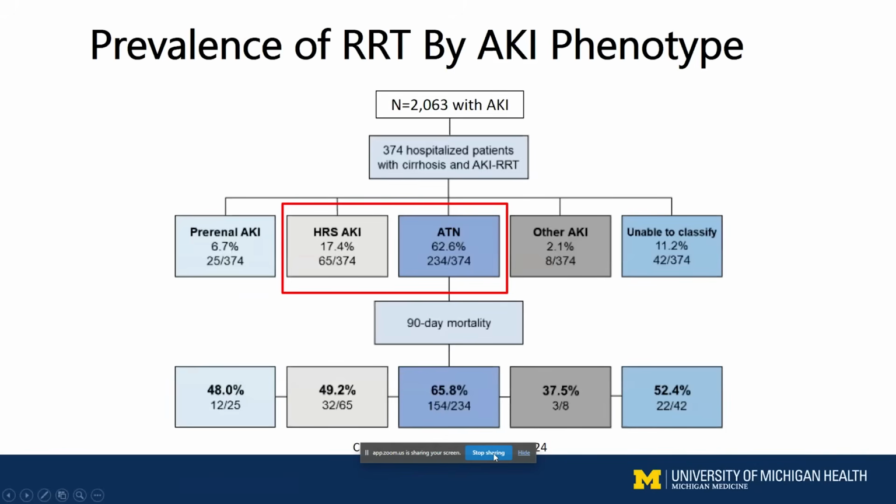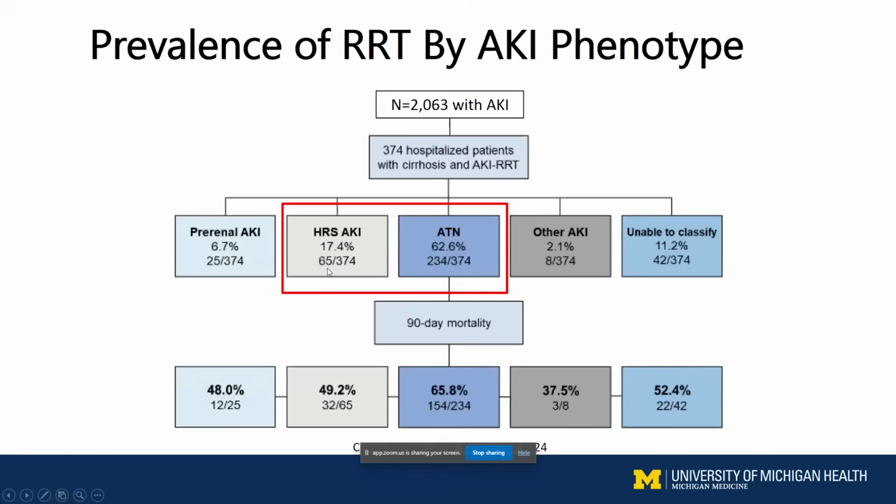Next, this study also looked at the prevalence of RRT by AKI phenotype. Of the 2,063 patients with AKI, 374 were hospitalized with cirrhosis and AKI requiring renal replacement therapy.